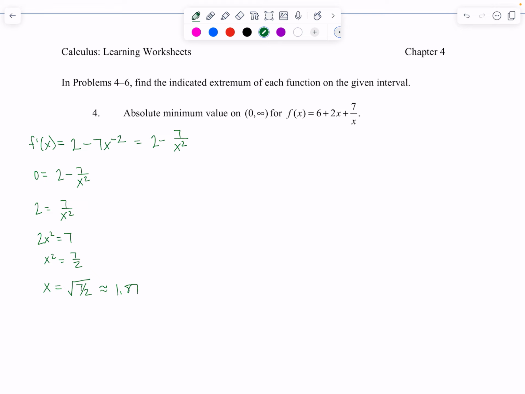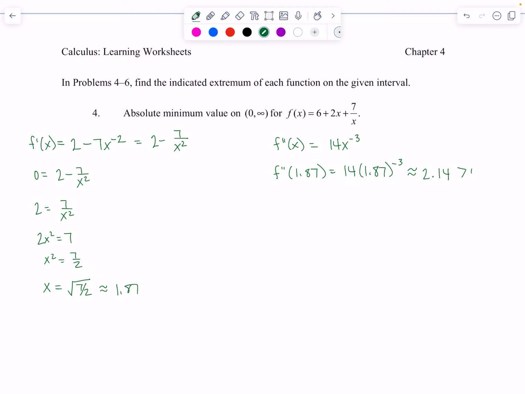Let's use our second derivative test to find out if this is a maximum or a minimum. So our second derivative of 2 is 0, and the derivative of negative 7x to the negative 2 is going to be 14x to the negative 3. We're checking our point 1.87, so 14 times 1.87 to the negative third is about 2.14.